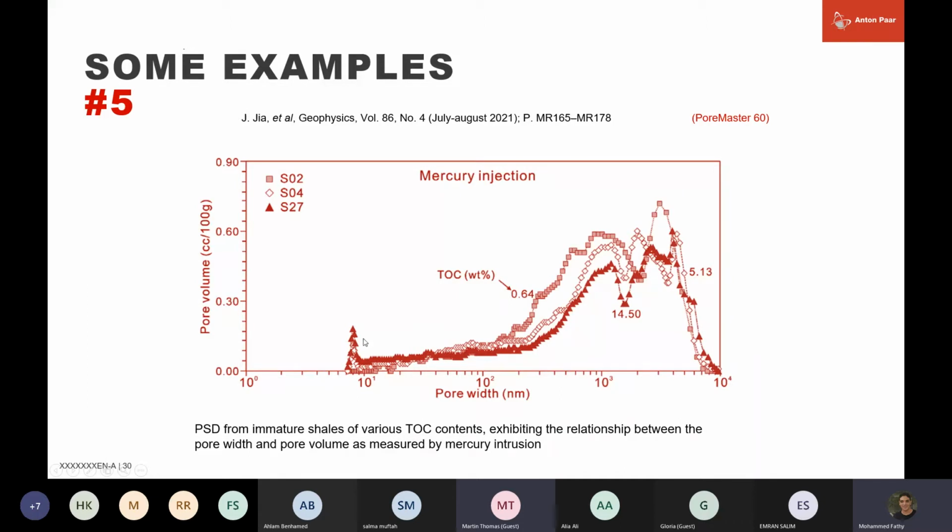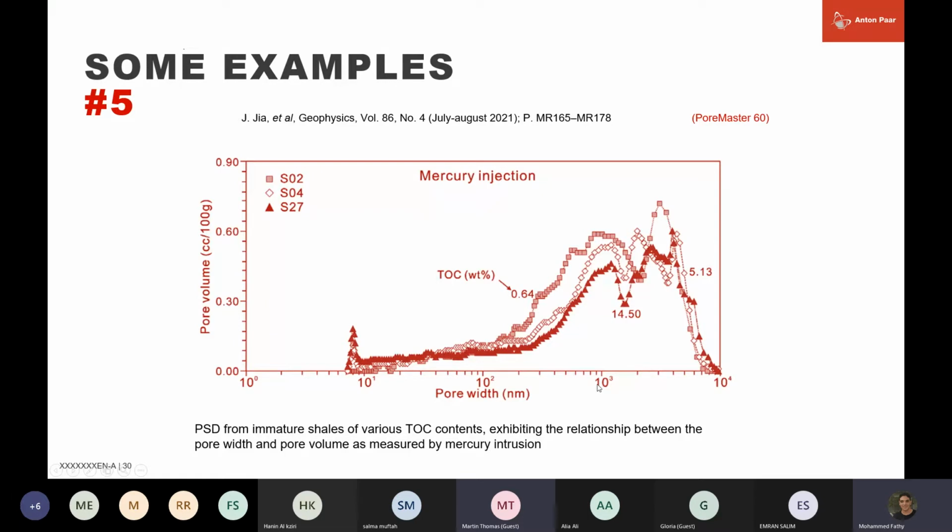And you can see, unfortunately, this is not cumulative, but nevertheless, these are the overlays of the derivatives. And you can see while the pore size distribution is largely the same, maybe this middle one is a little bit different here, but there are some small pores to the left, large pores to the right.